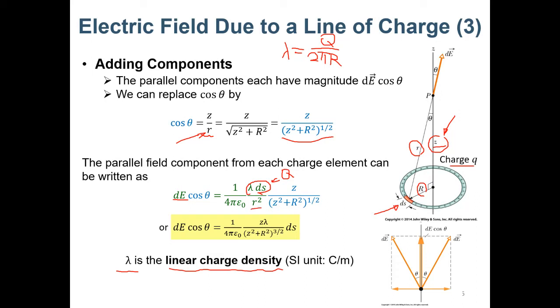And we also know that r squared is z squared plus R squared. Then we multiply it by this one so that it becomes z squared plus R squared to the 1.5 power.